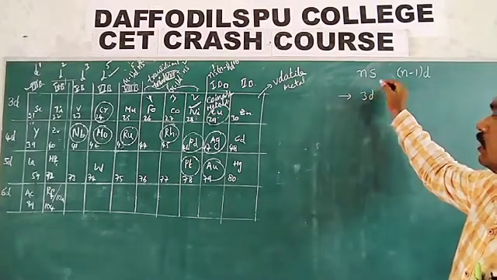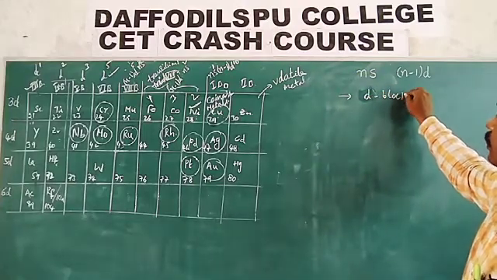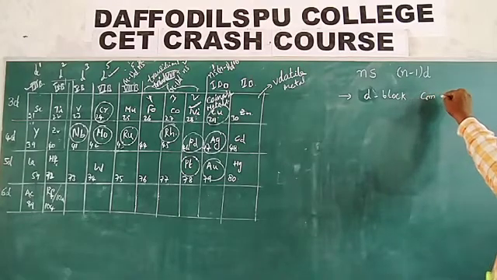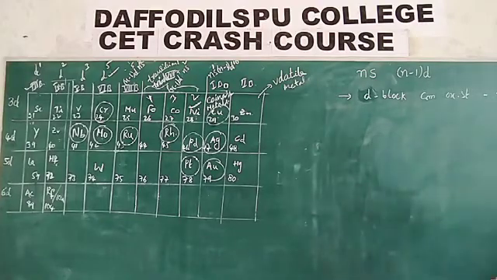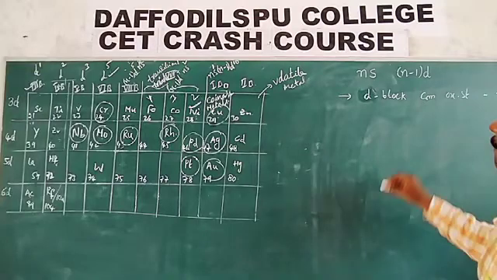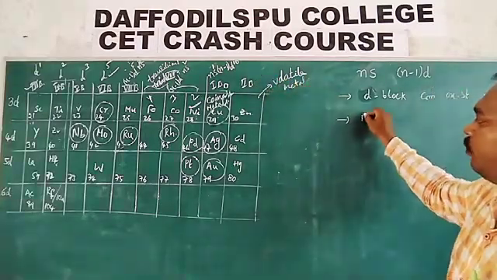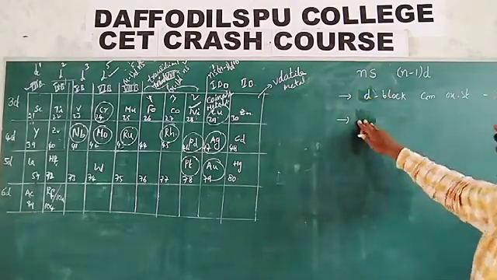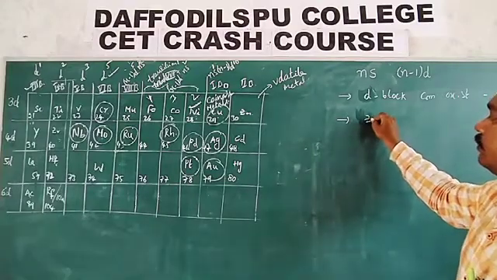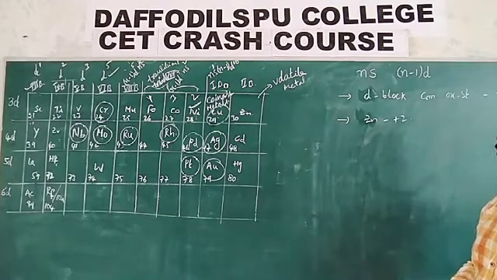In the 3d series, the common oxidation state is +2. Second B group elements, meaning zinc, cadmium, mercury, especially zinc, show only the +2 oxidation state.